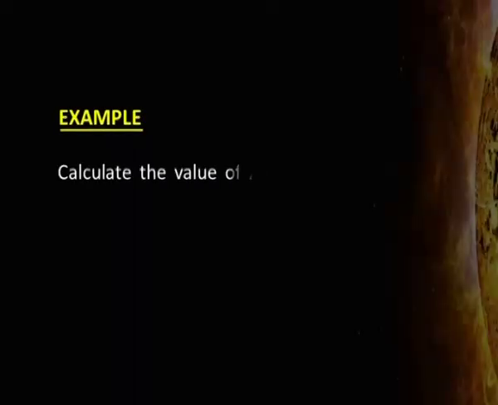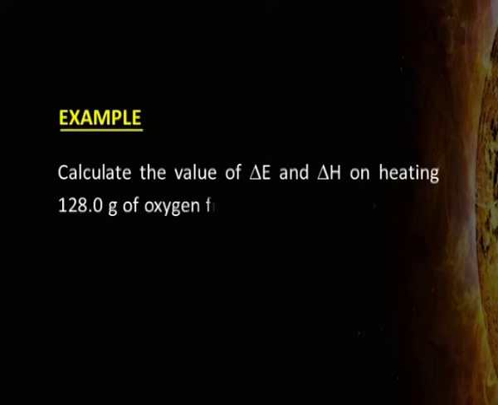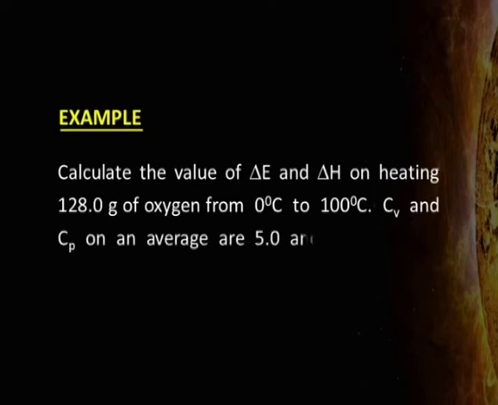Calculate the value of delta E and delta H on heating 128 grams of oxygen from 0 degree Celsius to 100 degree Celsius. Cv and Cp on an average are 5 and 7 calories per mole per degree.